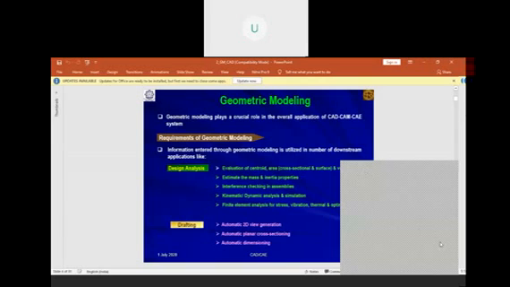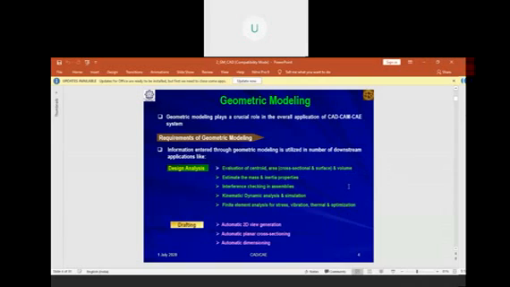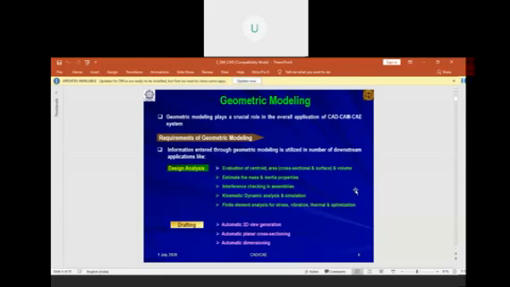If your shape is simple, you can do it manually, but if the shape is very complex, then you have to use software because it is otherwise a tedious job. Using the mathematics inside geometric modeling, you can easily calculate the area, volume and so on, using area integration and volume integration.